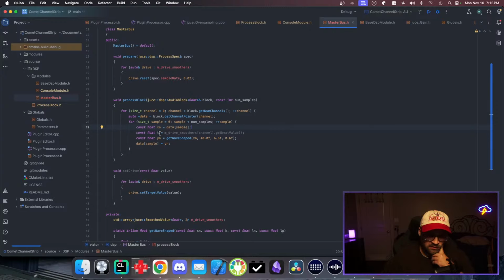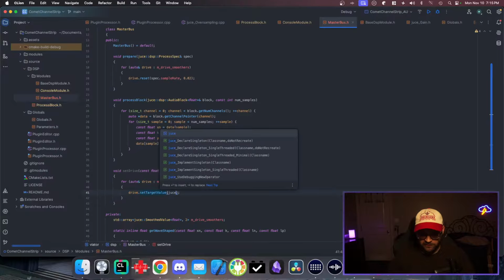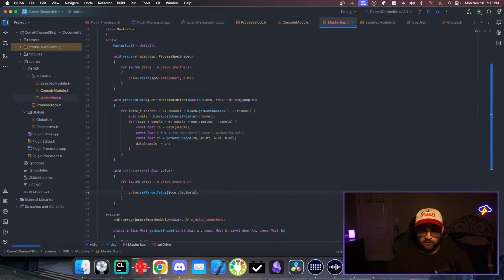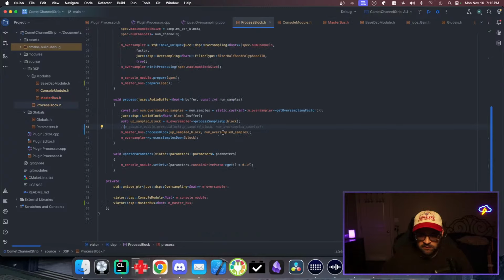In fact, let's just go ahead and do it. So we got drive. This one is not going to be 0 to 1. It's going to be a regular drive, which would be from like 0 to 10 or 0 to 20 or whatever. So this one we do need decibels to gain. And then value. And then instead of 40, we'll pass in this K, which is our drive. And we need to go into the process block and right here do the same thing.